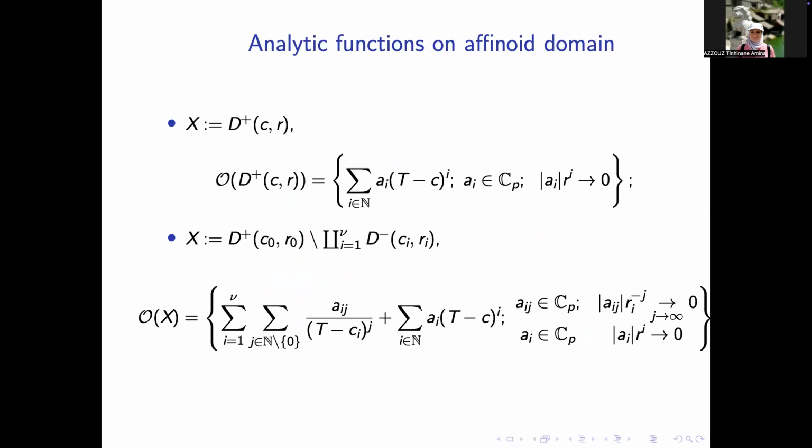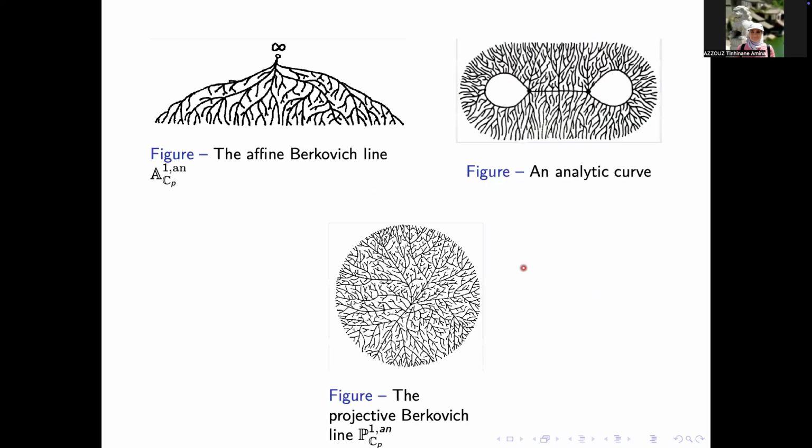An analytic function on an affine domain, or on a closed disk, is something given by power series satisfying such a condition. This is a nice picture of what could be the affine line. It's an affine tree.